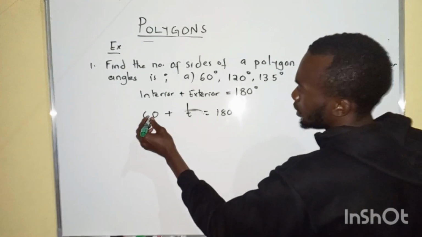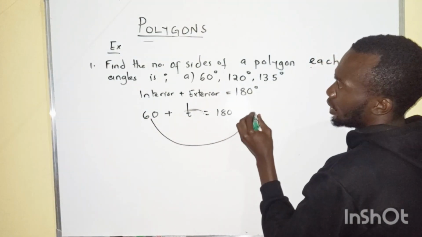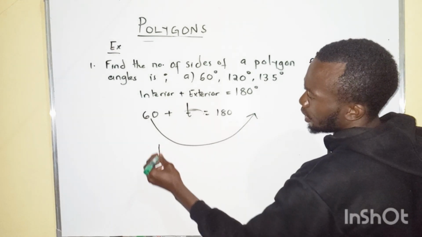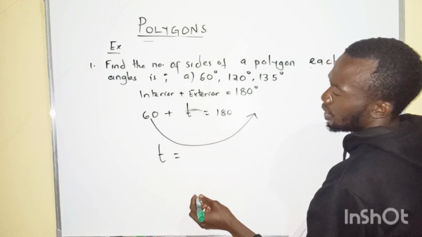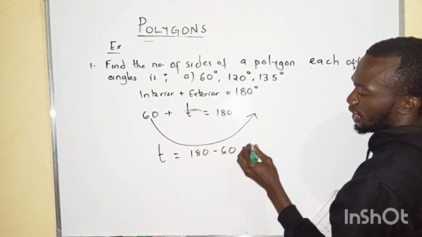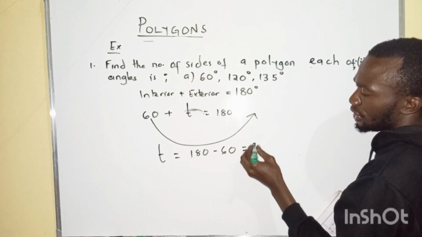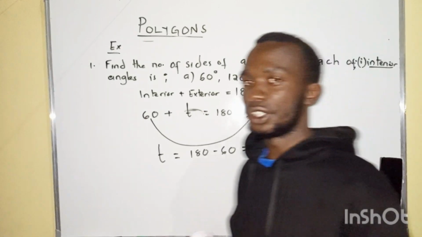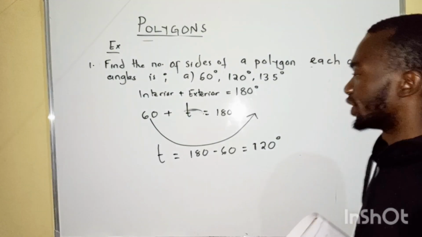So t is equal to 180 minus 60, which gives 120 degrees. So each exterior angle is 120 degrees.